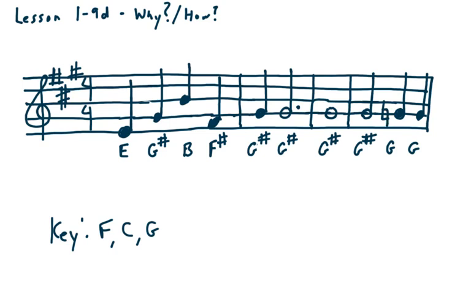That cancels all G's for that measure. So this is natural. Now you would write it, just for clarification purposes, and say I wanted to be sharp again for this last note. There. So what happens is the key signature eliminates the need for you to have to write in these sharps every single time you use it.